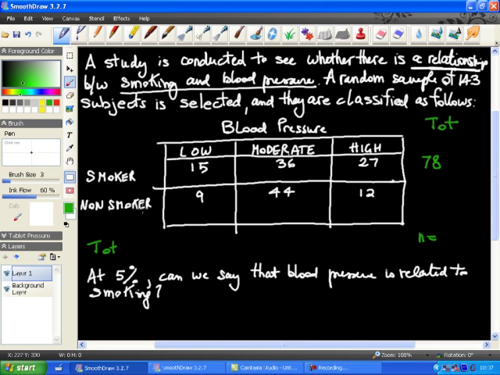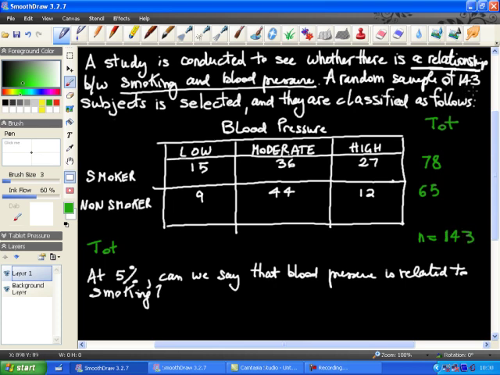Row 2, the non-smokers, if we go 9 plus 44 plus 12, we find a total of 65, which means that 78 smokers were classified according to their blood pressures and 65 non-smokers were classified according to their blood pressure. If we add 78 plus 65, we'll get a grand total of 143, which corresponds to the size of the sample.